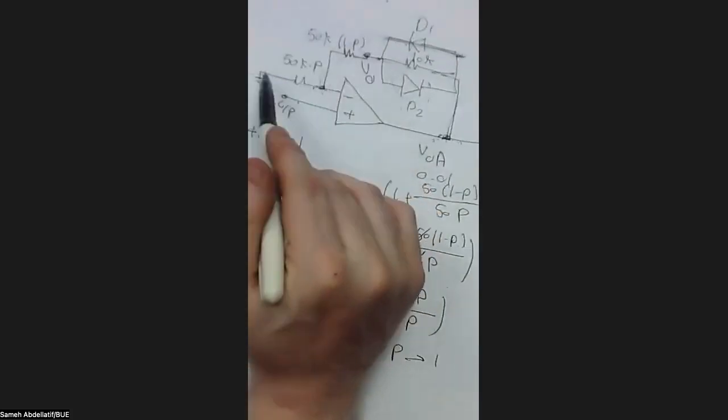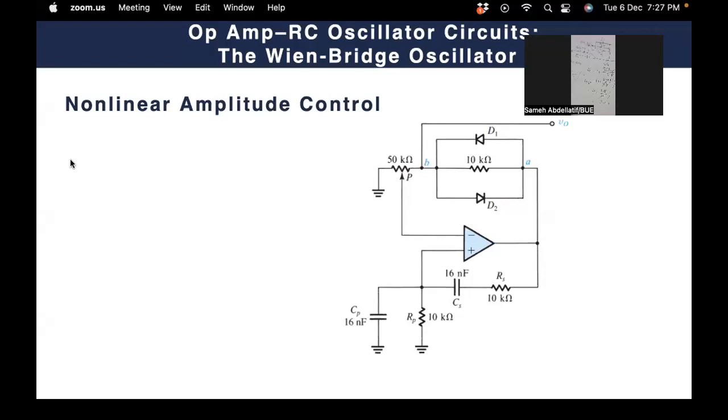Here, we just have one resistance, two diodes, and a potentiometer or a variable resistance, and we did the task of amplitude control. So as I mentioned, we are still doing the same task, but using a different architecture, a different topology. So this is another implementation of an oscillator for that.